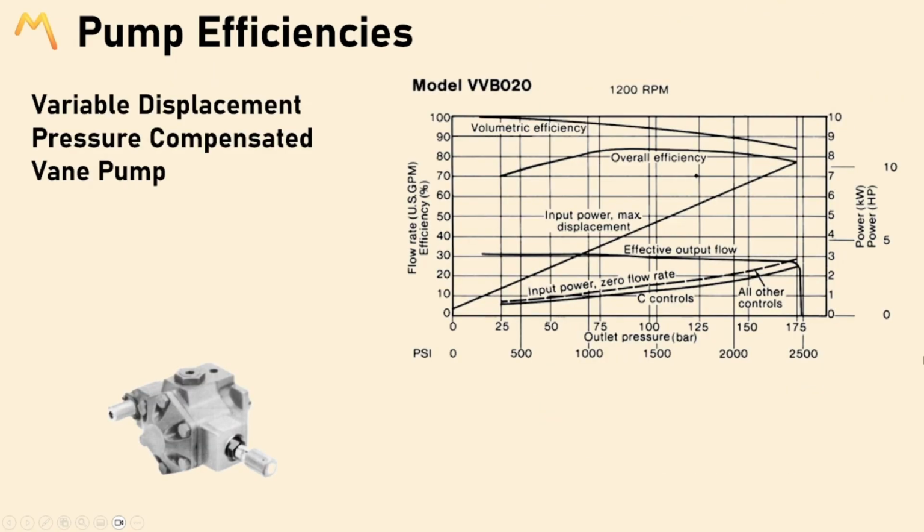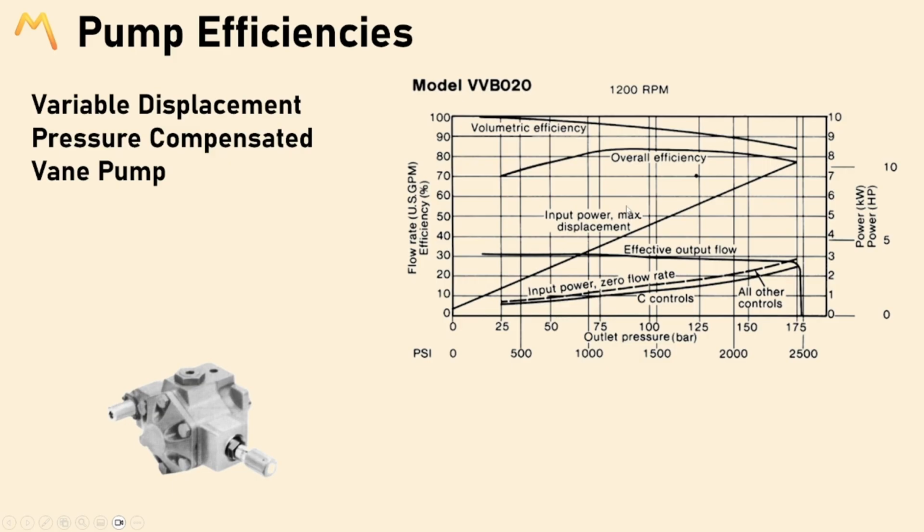Let's take a look at a somewhat disturbing datasheet graph here for a variable displacement pressure compensated vane pump. We can see that we have, well, a lot of stuff going on in this graph, but when we remember that all this is several graphs laid on top of one another, we can slowly start to break down what this is talking about.